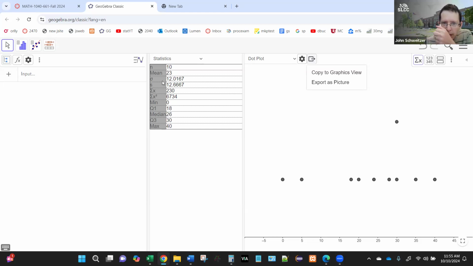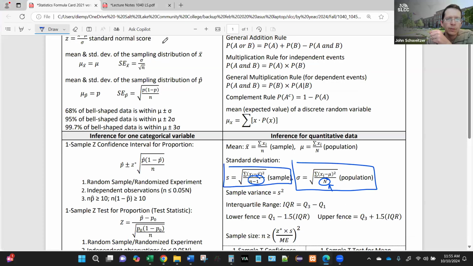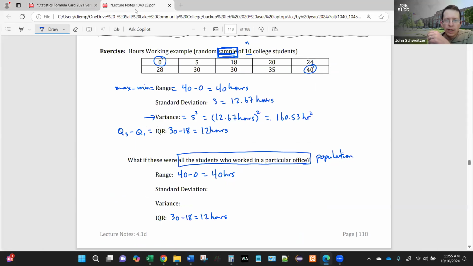Since this is now a population, we're going to use sigma, which is 12.02. So the standard deviation now is sigma, because this is a population, and it's 12.02.